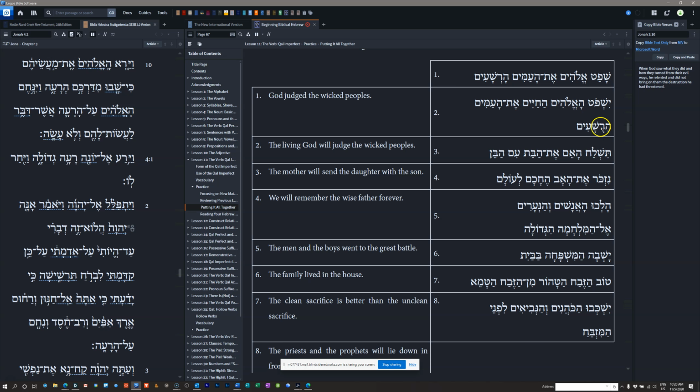But then we've got ha reshaim. Well, ha reshaim, if you take the hey off, which is the definite article, remember this is a hey with kametz, because resh can't take the dagesh of the definite article, so that patach is going to lengthen to a kametz. So ha here is the definite article. We take that off, we get reshaim. But we've also got a hirik yod mem suffix. That's masculine plural. If we take that off, we're left with the root rasha.